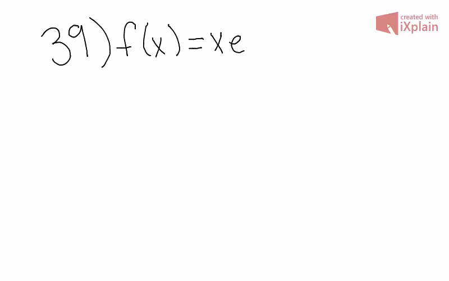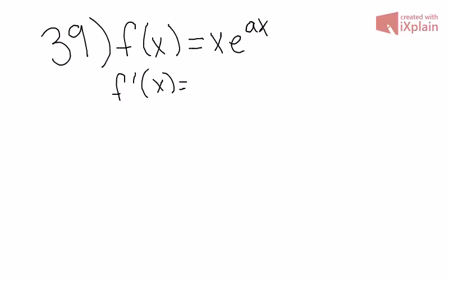All right, so I think this is our last problem. Oh, we have one more after number 39. Never mind. So number 39 says find the value of a so that the function has a critical point at x equals 3. Okay.